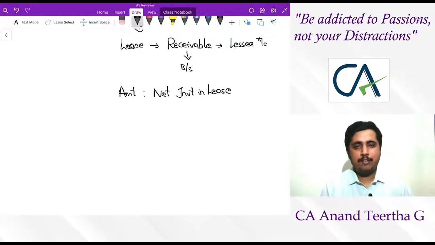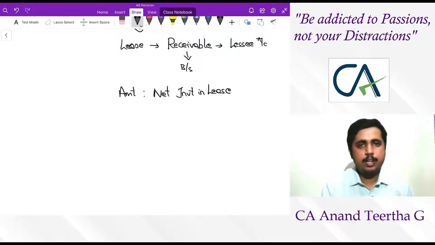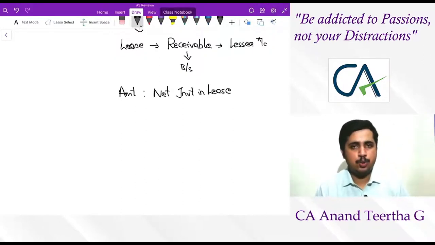So never go with that kind of confusion. If the question is silent, in which books it should be done, don't start getting confused about where I should do it. Terms you have to look into. According to the terms, work on it. So if at all they say net investment in lease, gross investment in lease and all this stuff, it must come under lessor books only. It won't come under lessee books. So the amount at which the receivable balance will be shown will be net investment in lease.